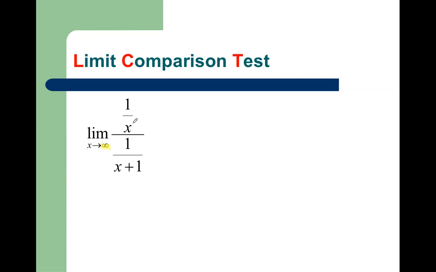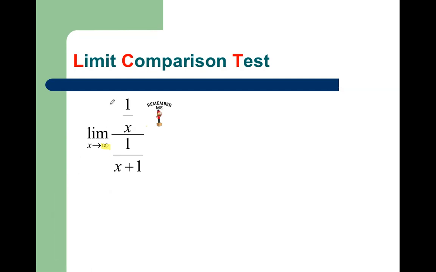Notice that I've got my known integrand over my unknown integrand. It doesn't matter which ratio you make. I'm doing a limit of a ratio, so I don't care. You could put 1 over x plus 1 on the top and 1 over x on the bottom. Does not matter.